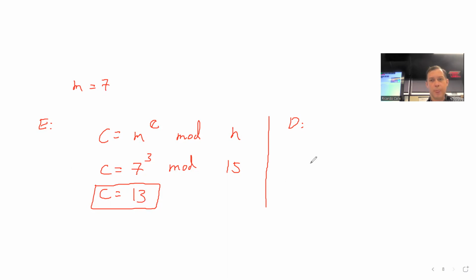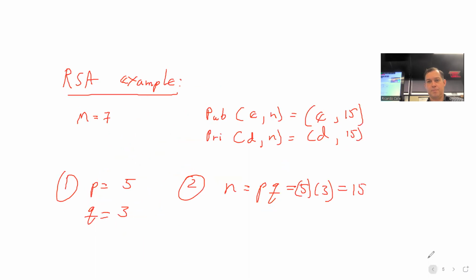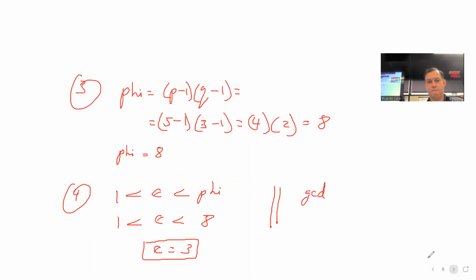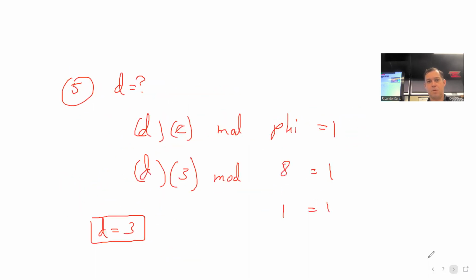Now, to decrypt, we do M, right? And that's going to be C to the D mod N. Okay? So we plug in the values here. This is 13, correct? What was D? Three, right?